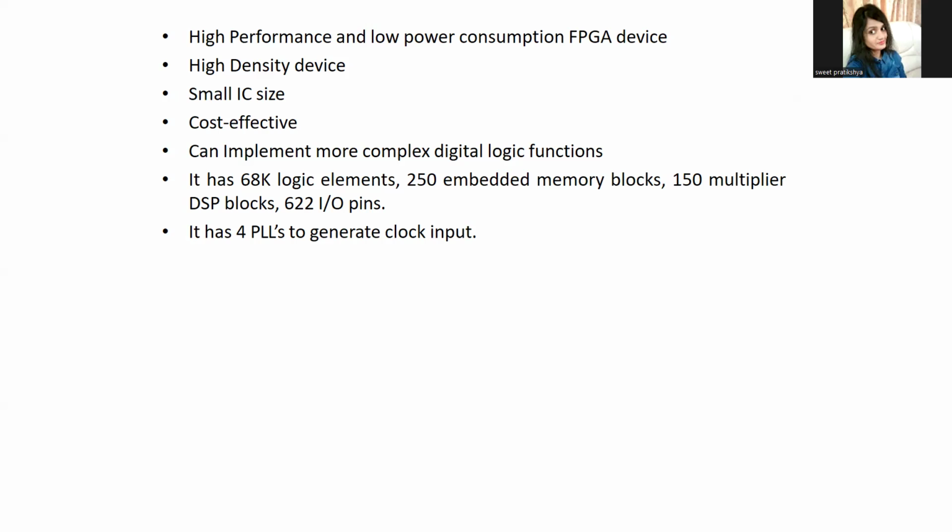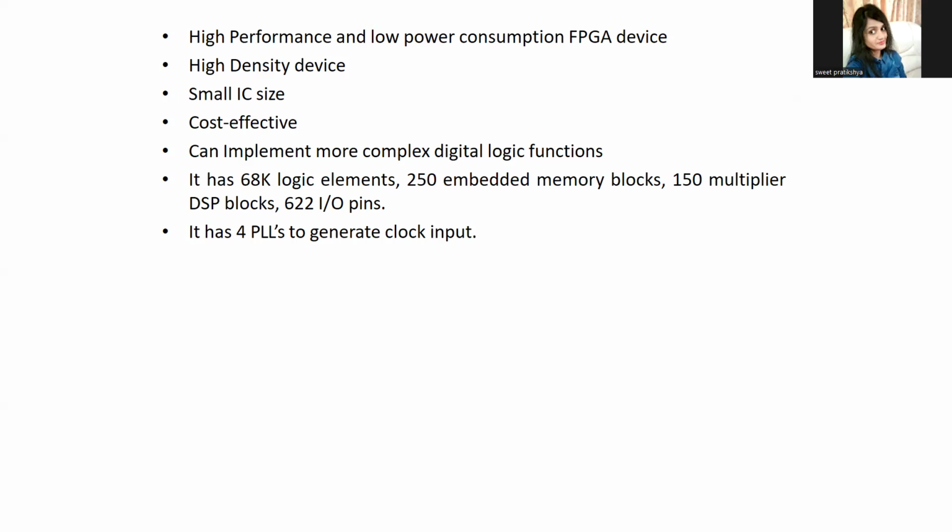Also, it contains PLLs, that is phase locked loops. These are helpful for generating clock frequencies internally for maintaining the timing constraints in any sequential or combinational circuit or any bigger high-end system. Clock is an utmost necessary signal for maintaining the timing constraint. So how can it be maintained?